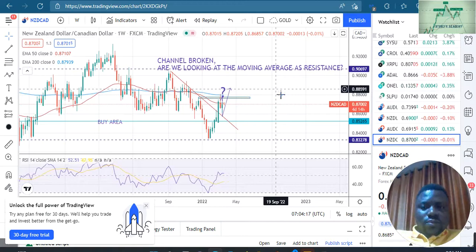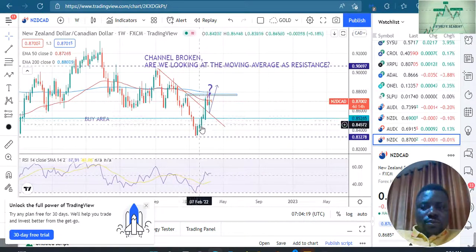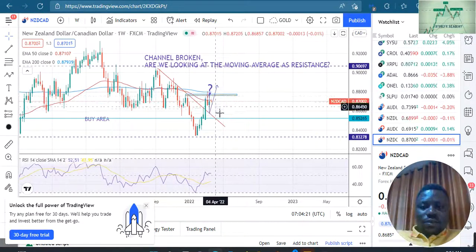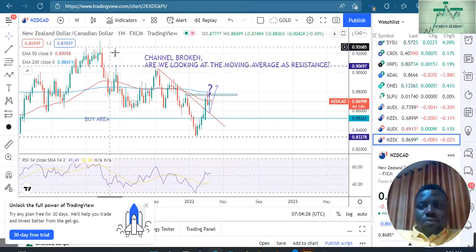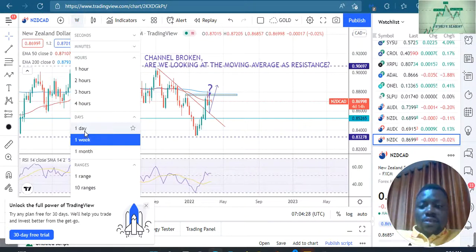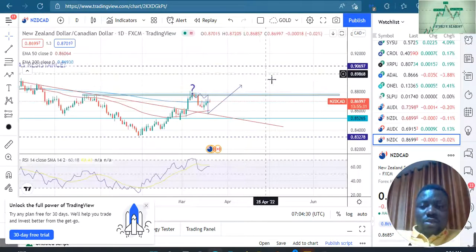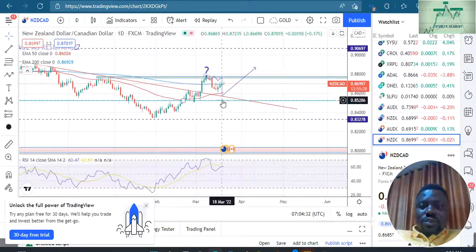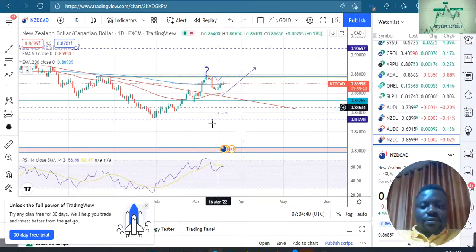I'm expecting this to return back. This is what I analyzed last week. I'm expecting this to drop back to this price area, then we join the buy.